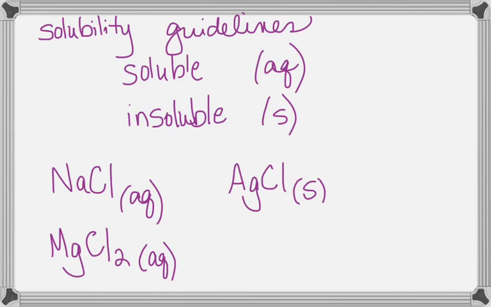So that would be solid. What would you put on calcium carbonate? Looking at the tables in your book, you decide what goes on that. Do y'all see that it's insoluble in water?